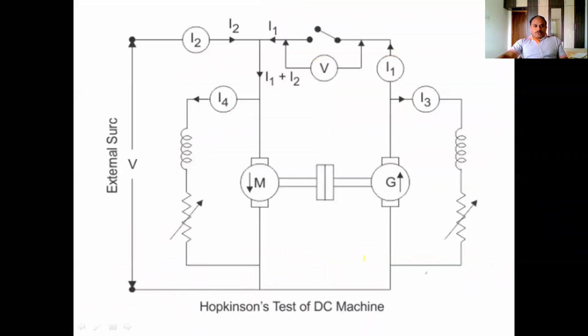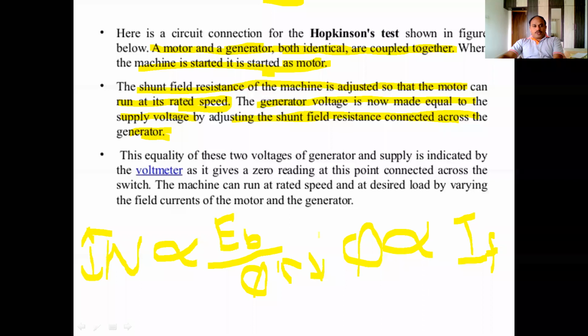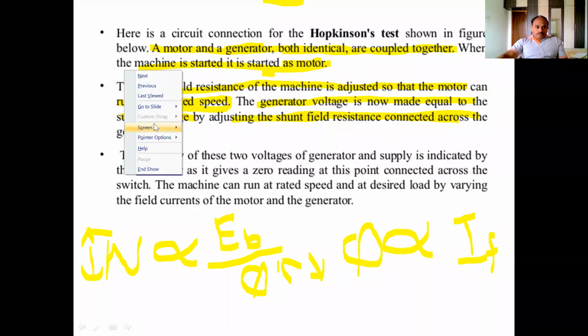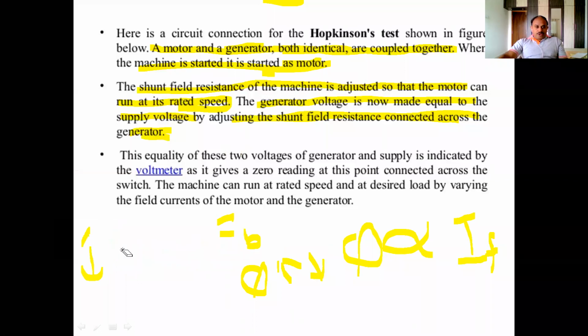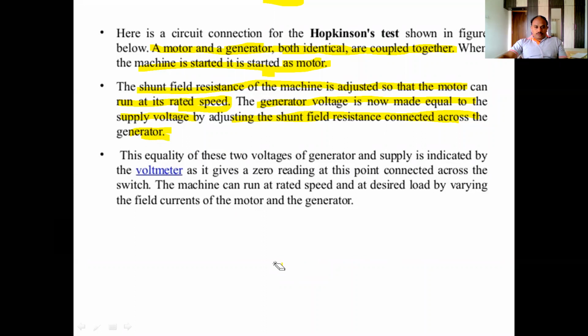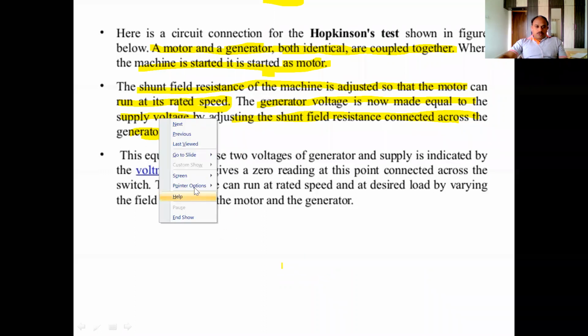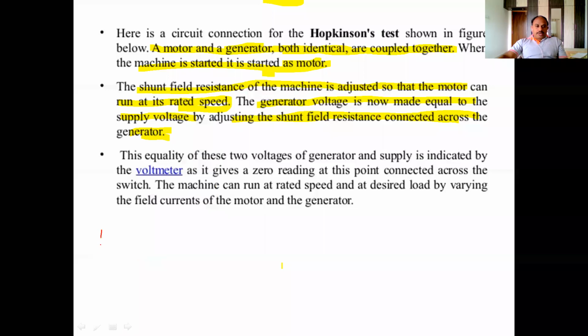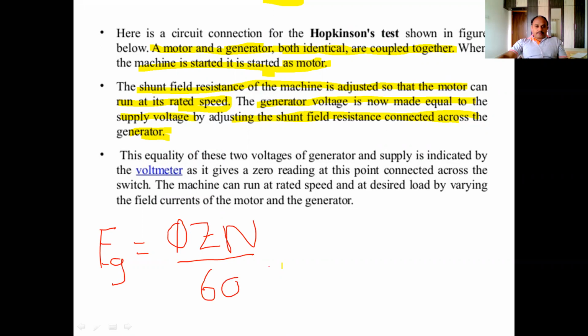See, the generated EMF in a generator is given by Eg equal to phi Z N by 60 into P by A. So this is the formula for the generated EMF in a generator.